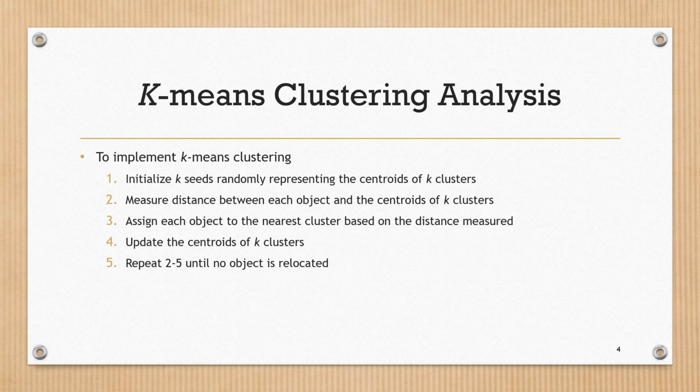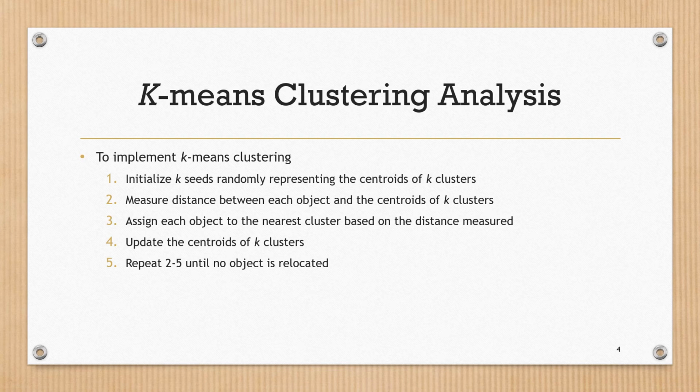This summarizes the steps for the k-means clustering algorithm. To implement k-means clustering, we initialize k seeds randomly representing the centroids of k clusters. Then we measure distance between each object and the centroids of k clusters.